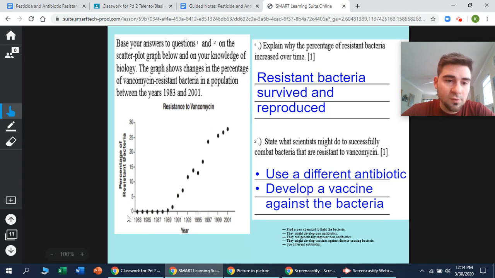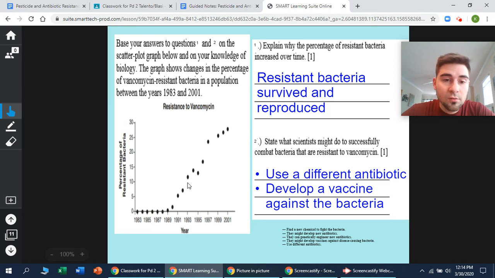So you should see throughout the years here, you're getting more and more resistant bacteria, right? A higher and higher percentage, right? So this should indicate around this time, antibiotics started to be used. So it increased over time because as antibiotics were used, the resistant bacteria were the ones to survive and reproduce.